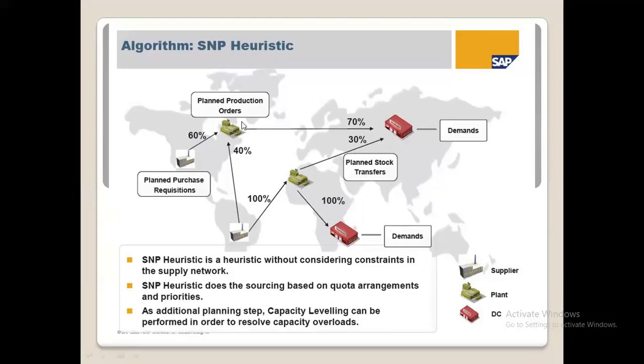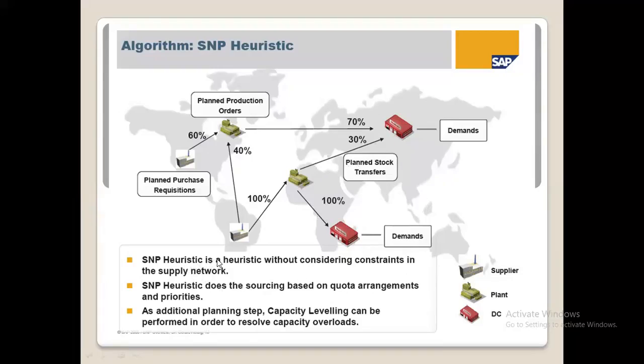These plants make purchase requisitions to these vendors and get the components from them. Once the components are available in these plants, they are going to generate the finished product, which is the plant production. Once the results are available, they are going to distribute to the DC centers, which is nothing but planned stock transfers. From the DC to the customer is going to transfer.